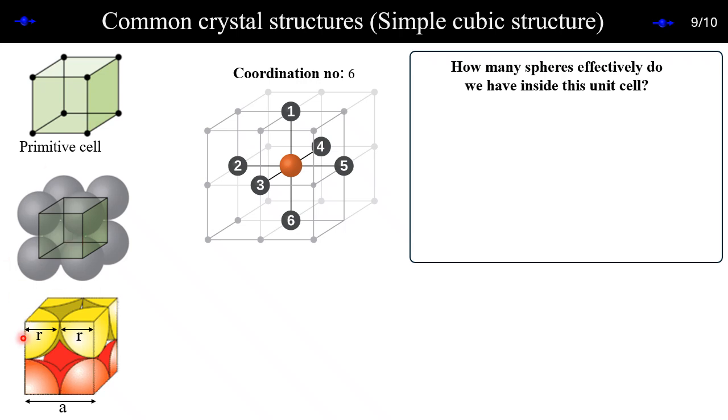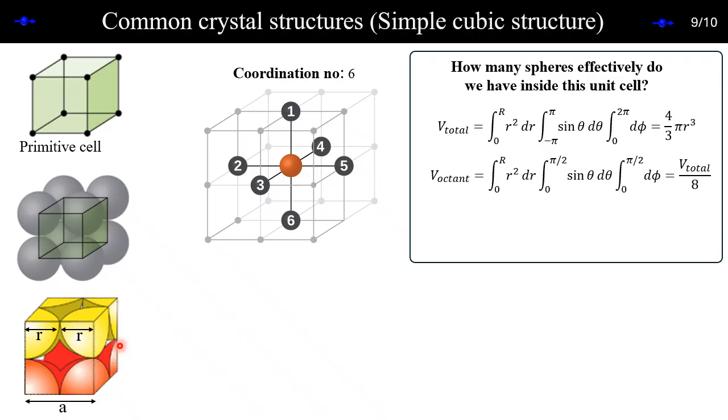How do you know? I slice this entire thing into 2, then slice again, and again. So this volume is 1 by 8. We have 8 corners, so effectively we have 1.